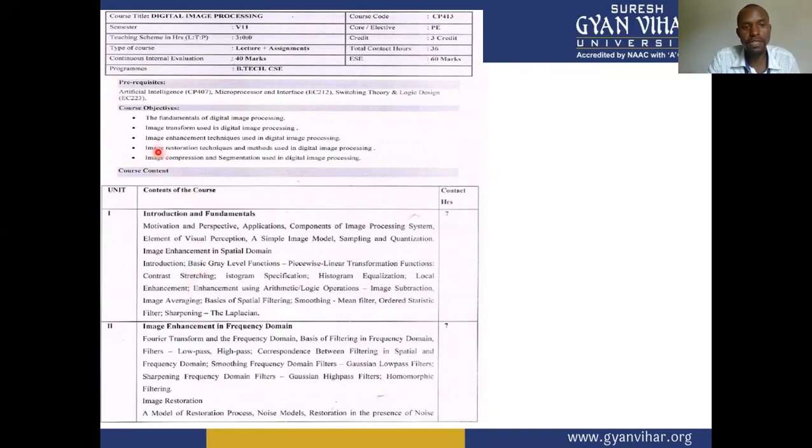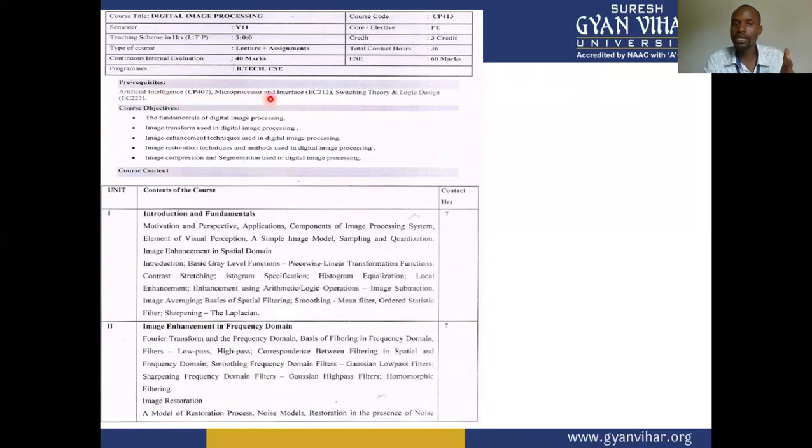Before we come to the objectives of this subject, it is important to mention the prerequisites. When I mention the prerequisites, I'm referring to the basic knowledge or skills you need to possess so that you can have a better understanding of this subject. First, you must have studied artificial intelligence.